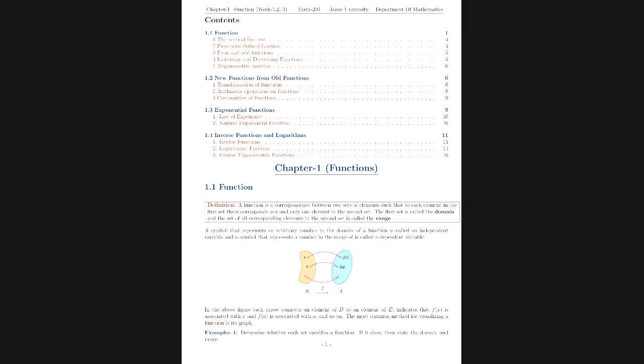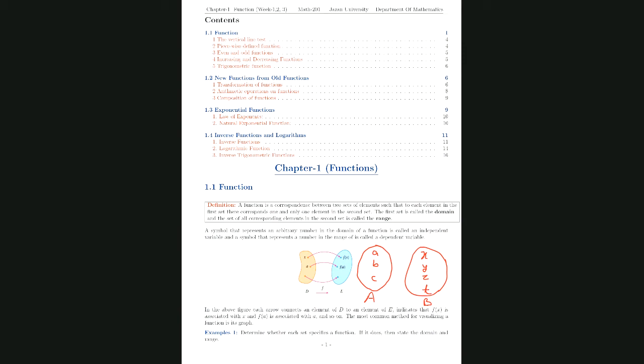Here is the same set. This is A and this is B. Input A, B, C, and output set X, Y, Z, and suppose T is also there.